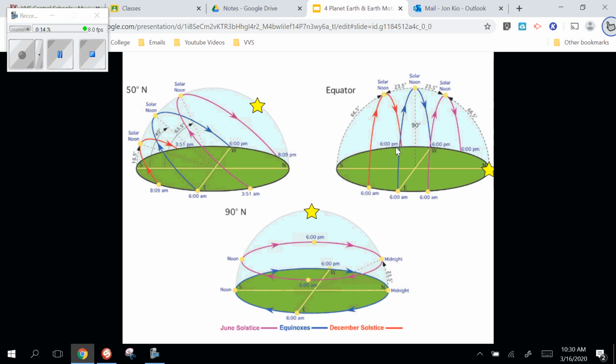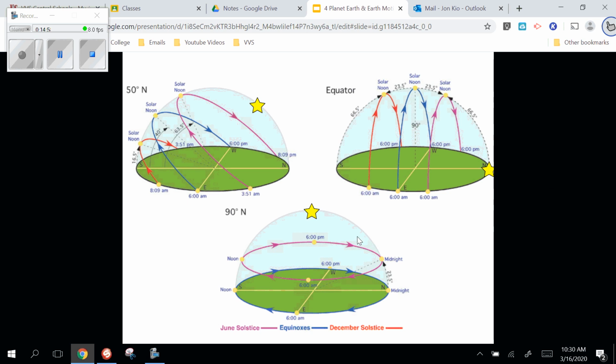We also get 12 hours, notice 6 a.m. to 6 p.m., all year long if you lived at the equator. And the sun would be really high in the sky all year round. That's why the equator is pretty warm and consistently warm.